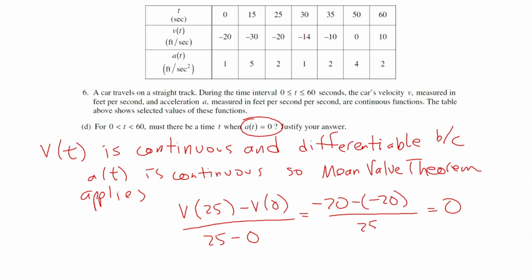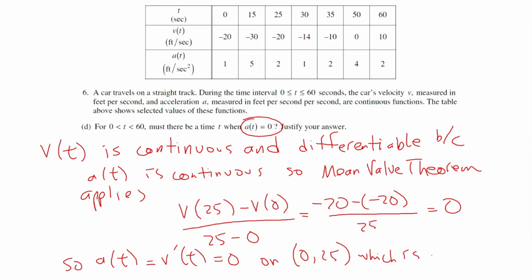So the average rate of change of the velocity must equal 0 somewhere between 0 and 25. So a of t, which is v prime of t, equals 0 on 0 to 25, which is on 0 to 60. And so we got 2 points there for that. 1 for saying yes because of the mean value theorem, and 1 for showing that v of 0 is equal to v of 25.